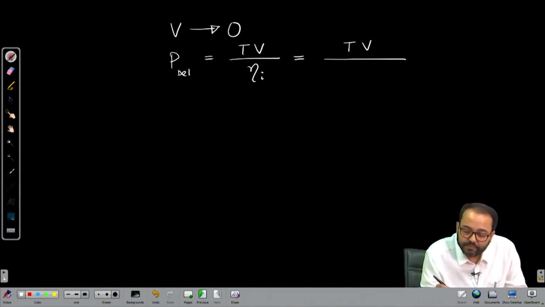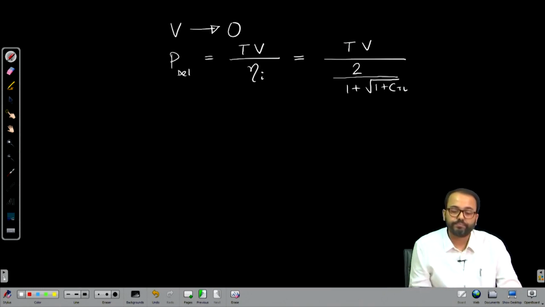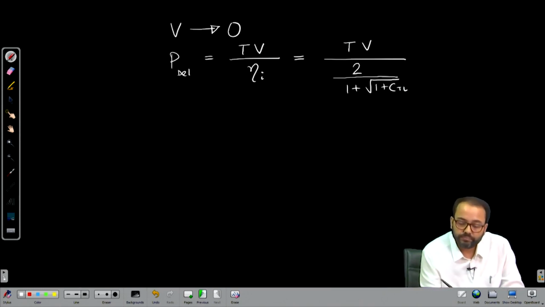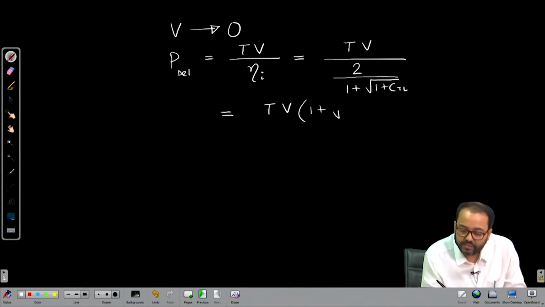It is 2 by 1 plus root over of 1 plus CTL. Okay. So, the delivered power can be calculated as TV into 1 plus root over of 1 plus CTL divided by 2.